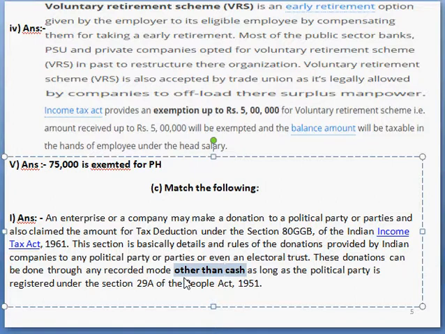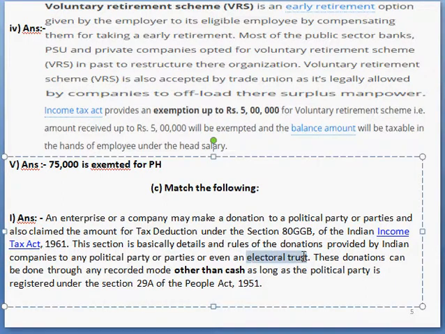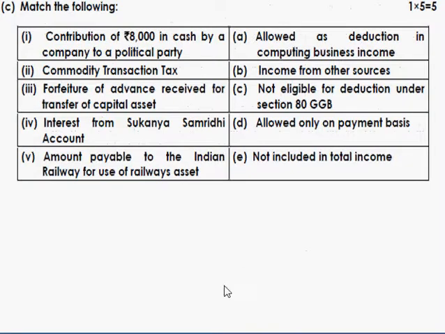But in this question it was in cash, so it is not considered under section 80GGB. You also saw the term electoral trust: it means 95% of the income should be used for the funding and betterment of society.